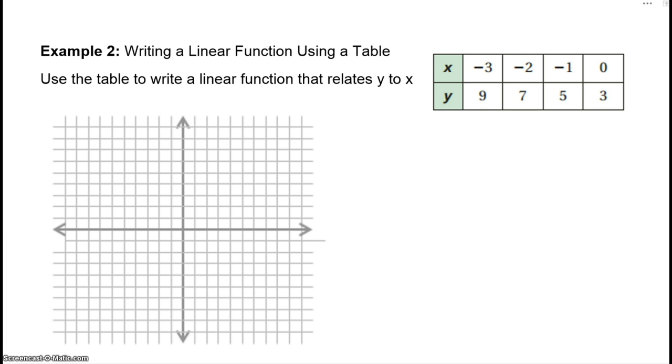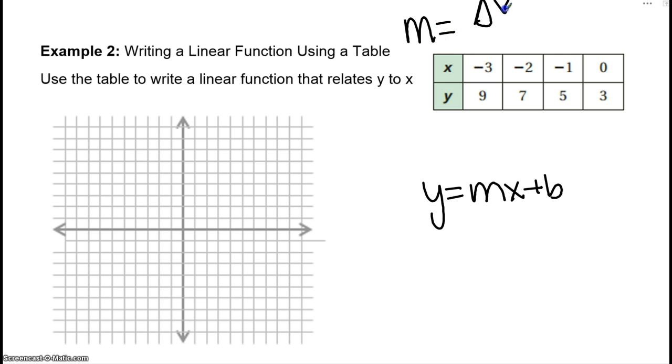Example 2, you need to use the table to write a function, also in the form y = mx + b. Except for this one, you can't find the slope by rise over run. Remember, we also said that slope can be the change in the y's over the change in the x's, and this is where those carets come into play. The change in y, I'm subtracting 2 each time, and the change in x, I am adding 1.